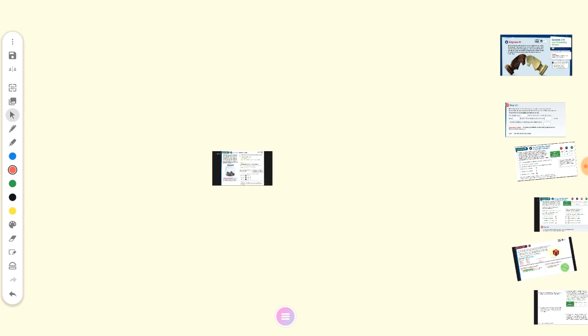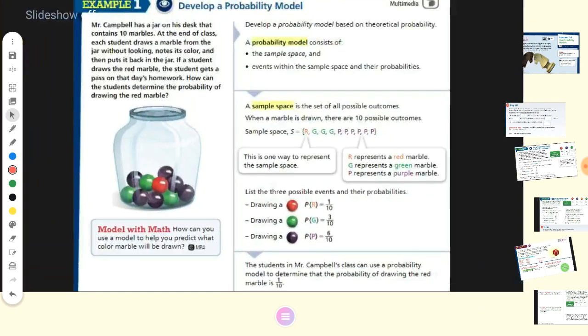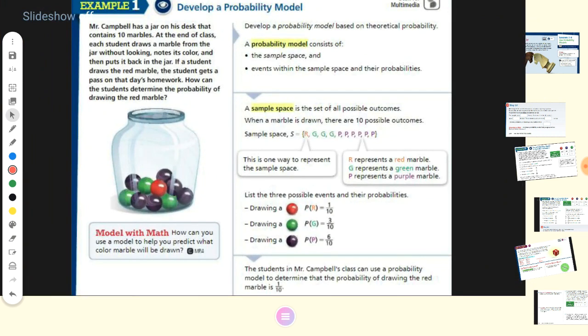The first example is about a jar with some marbles in it: one red marble, 3 green marbles, and 6 purple marbles. If you want to draw one, you close your eyes, put your hand in, and choose one randomly. So the sample space should be red, green, green, green, purple, purple, purple, purple, purple, purple.